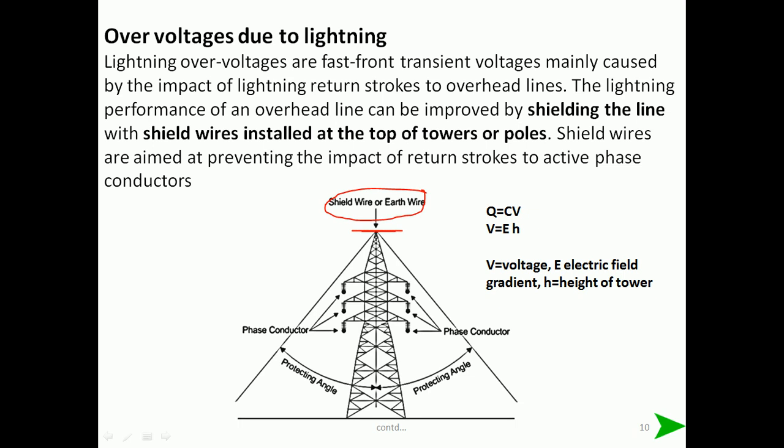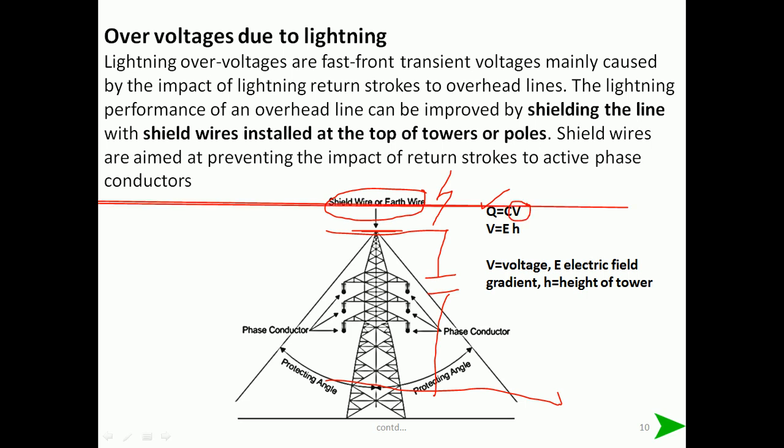Because lightning contains several charges, Q equals CV, and the capacitance between this wire and the ground is of a certain value, suppose capital C, then definitely it contains some voltage. This voltage, when combined with the voltage on the transmission tower, becomes an overvoltage due to lightning. This E is basically the electric field intensity, right?